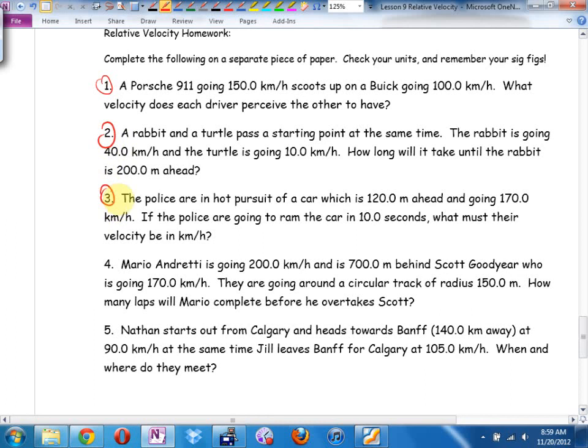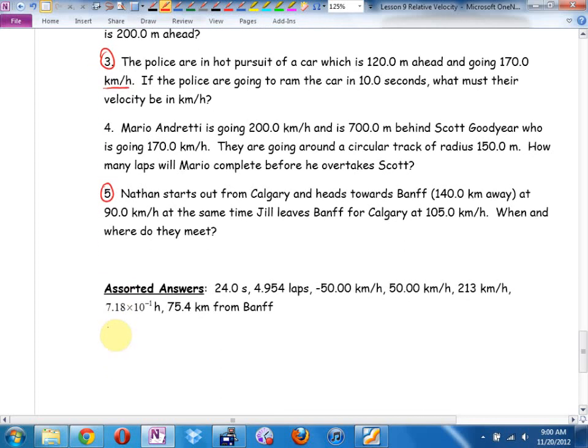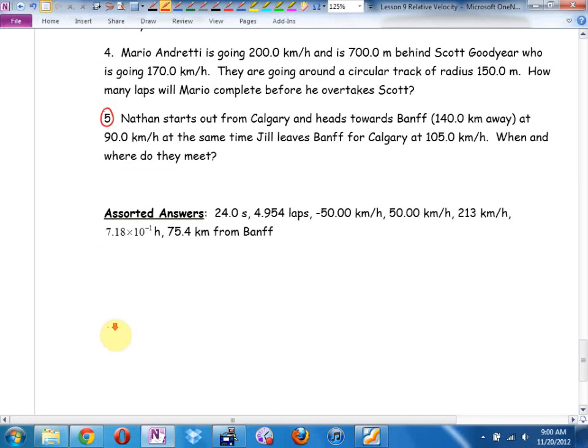Now 3, I would do everything in meters per second. So I would change this kilometers per hour to meters per second, get an answer in meters per second, and then go back to kilometers per hour. 3 is tricky. Skip 4, and then you can try number 5. And there are scrambled answers there. So that's part 1 of the homework.